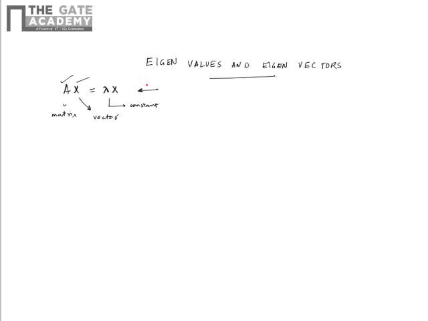Now if I do a mathematical treatment of this, bring lambda this way, which I can write in this way, and this I can again write as lambda times x, where x can be written as Ix, where I is the identity matrix.